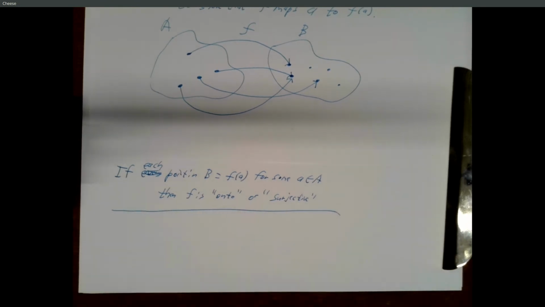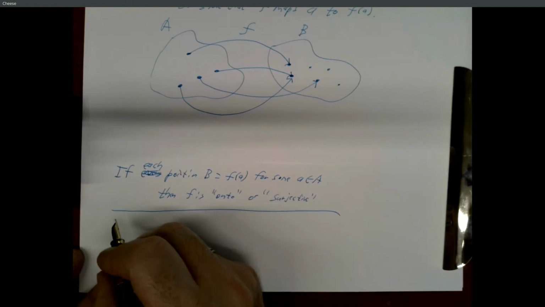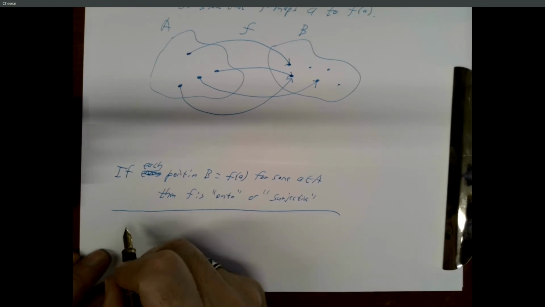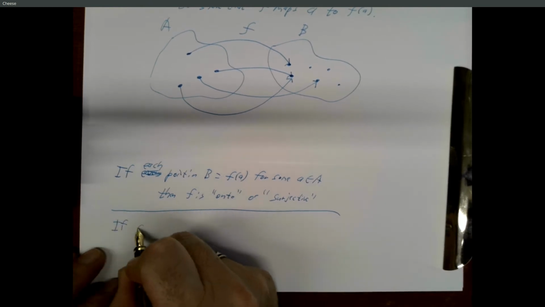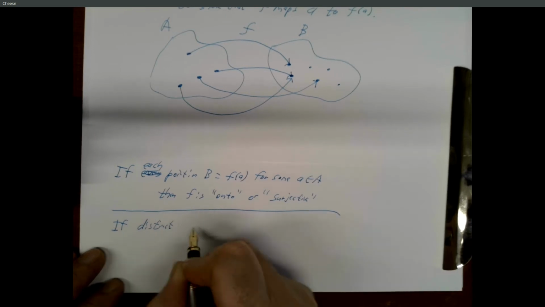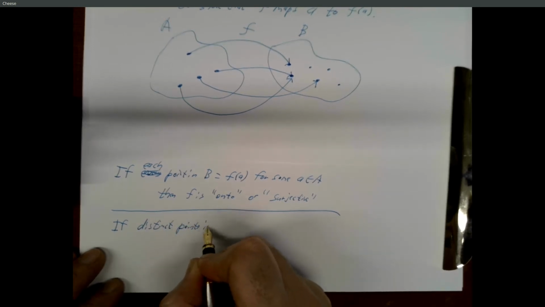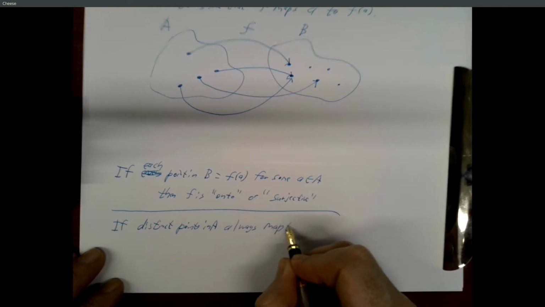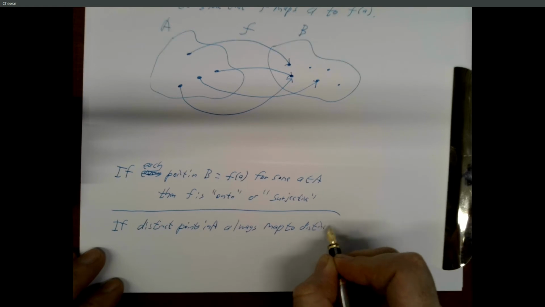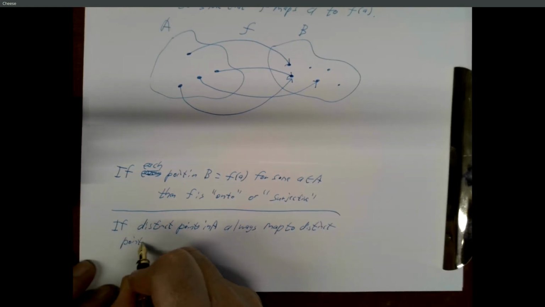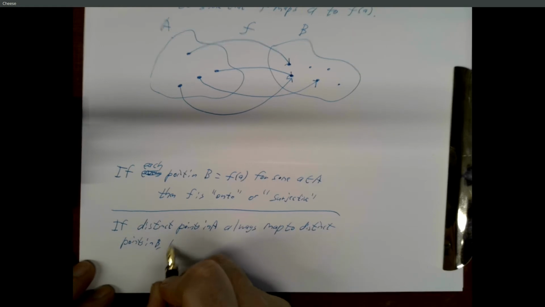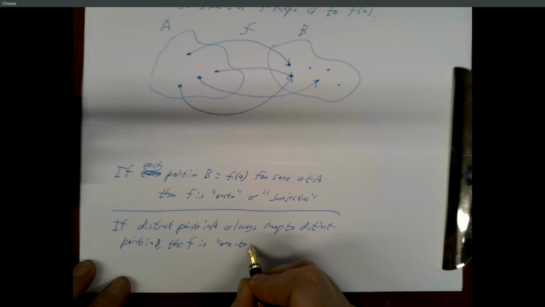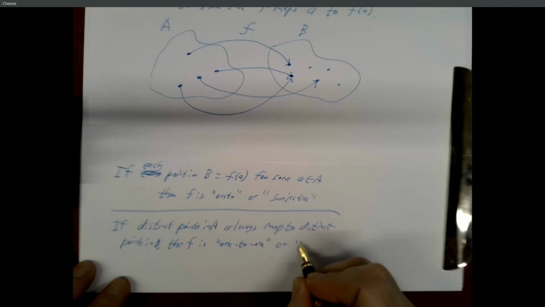So that's one type of function. Another type of function is called injective, or one-to-one. So if distinct points in A always map to distinct points in B, then we say that this function f is one-to-one or injective.